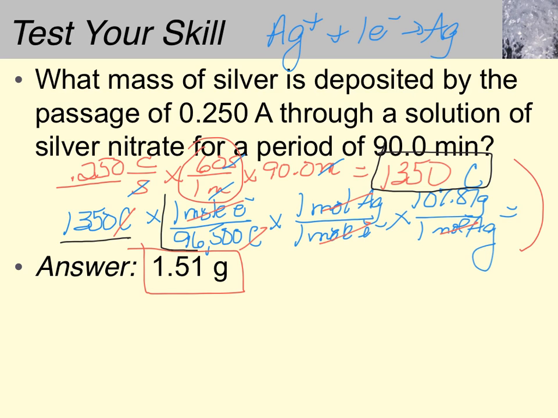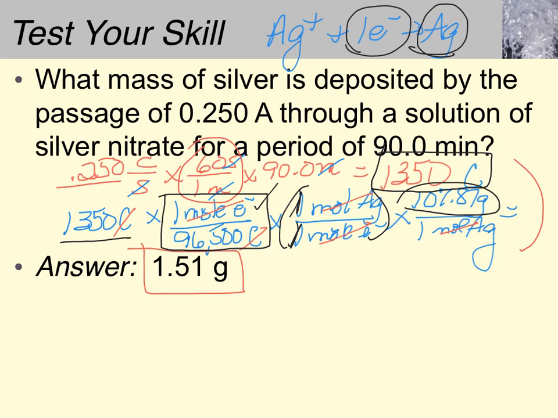Use Faraday's constant to convert coulombs to moles of electrons. The mole ratio of electrons to silver you get by writing out the balanced half reaction. 1 mole of electrons gives 1 mole of silver, and the molar mass of silver is 107.87. When you do that math, you find that you can produce 1.51 grams of silver.